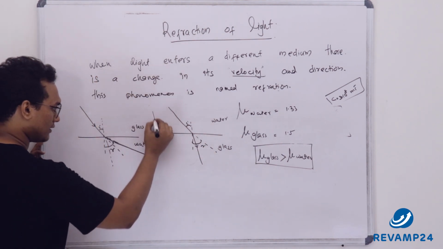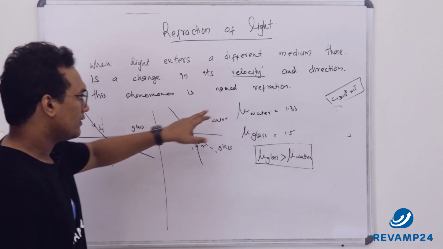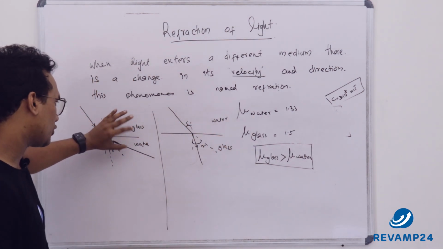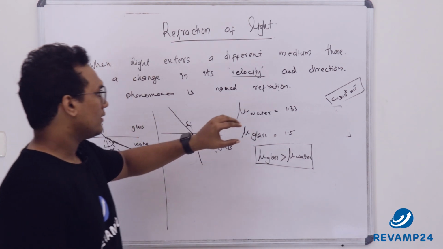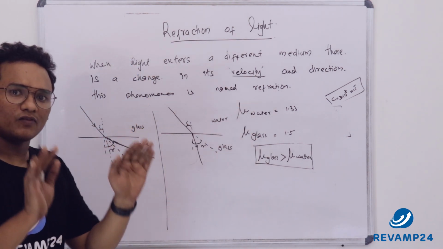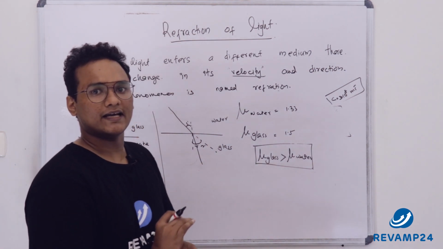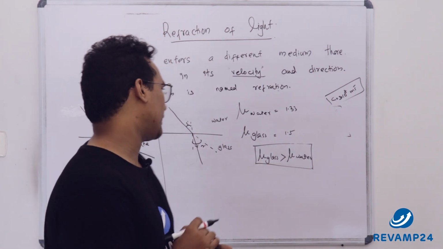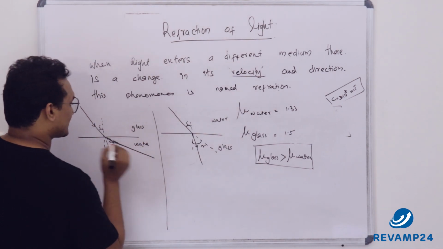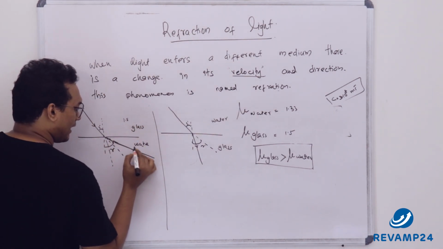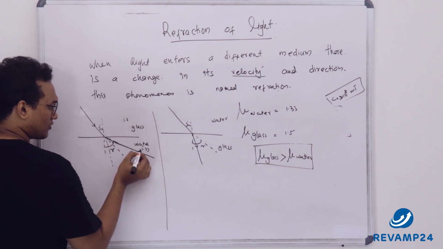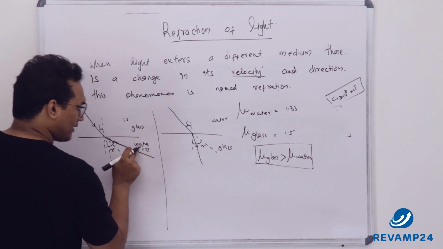Now we will compare these two. So in refraction there are two mediums involved, right? So just compare these two mediums and their refractive index. The one that has got lower refractive index is called the rarer medium. Now in this case, glass and water, which one is the rarer medium? Glass is having 1.5 and this is 1.33. So it has got lesser refractive index.